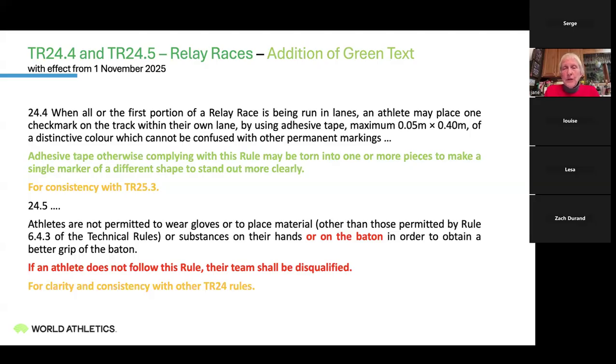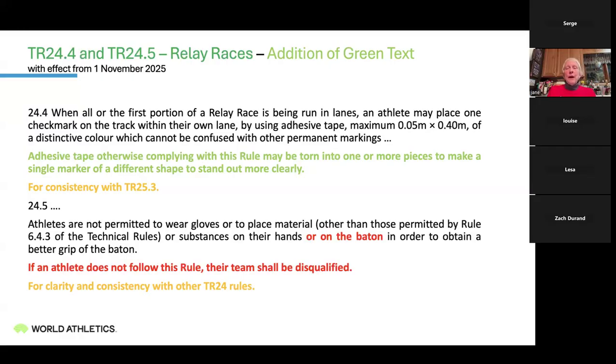We all know that that piece of tape is 5 centimeters by 40 centimeters, and it's a single piece of tape. But to fall in line with field events, the adhesive tape, otherwise complying with this rule, may be torn into one or more pieces to make a single marker of a different shape to stand out more clearly.